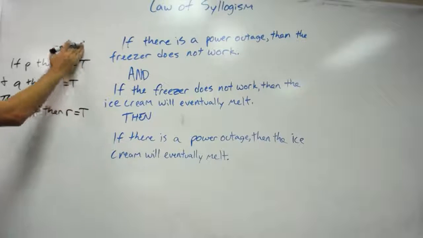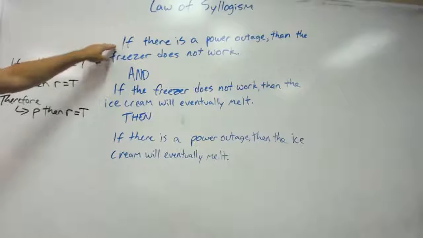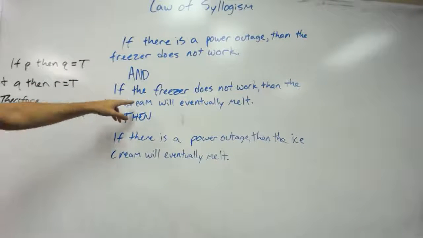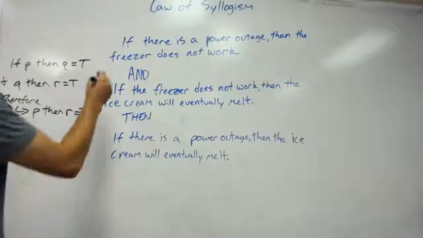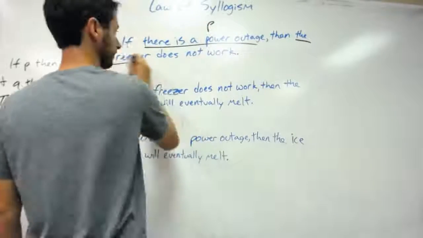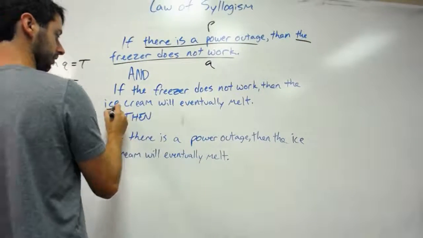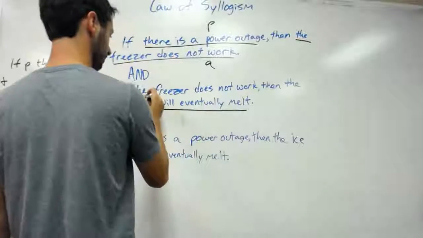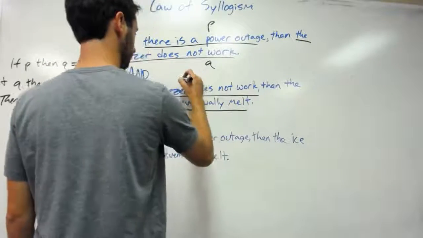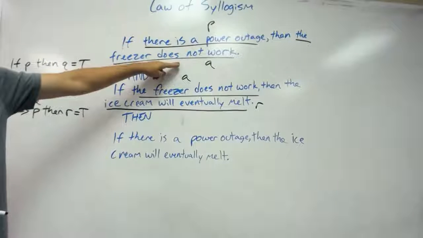Now I know this is a lot of letters, but this is the statement that we can make. So P then Q is true, okay? Q then R is true. So we have if P then Q is true here.